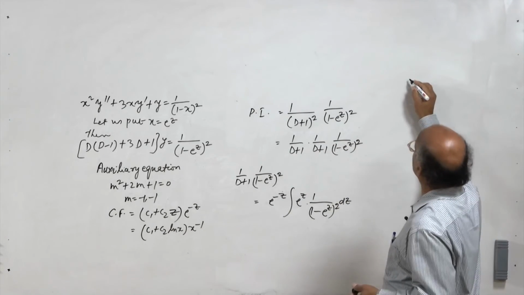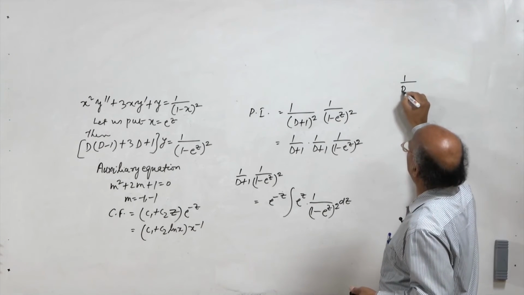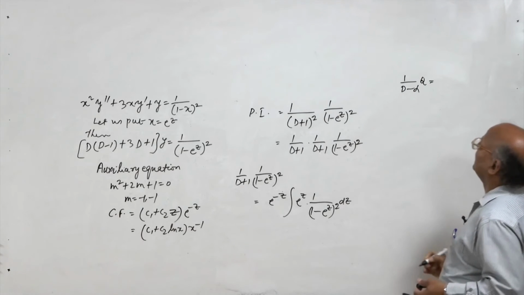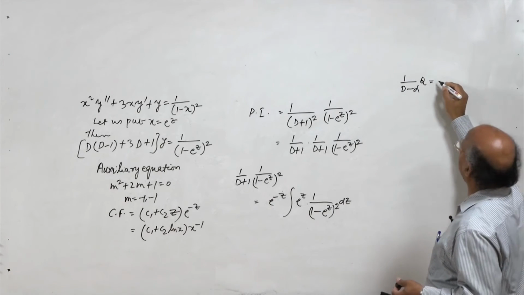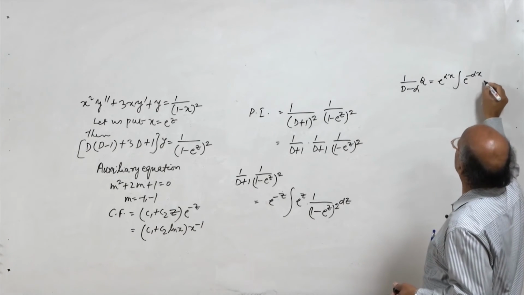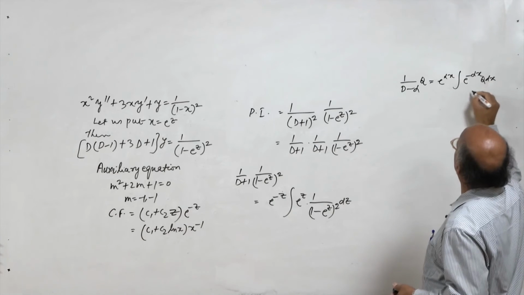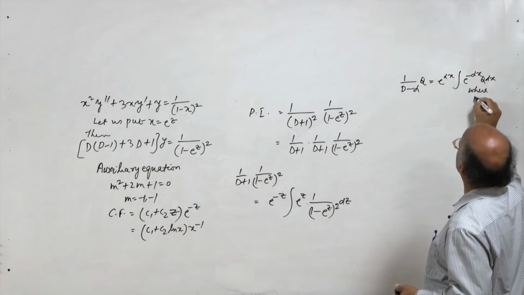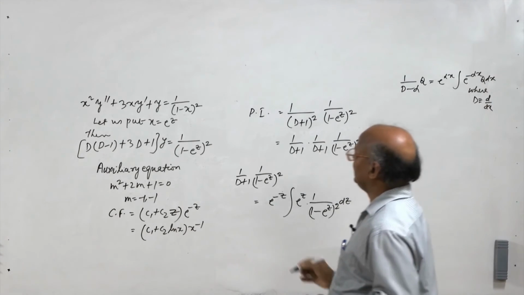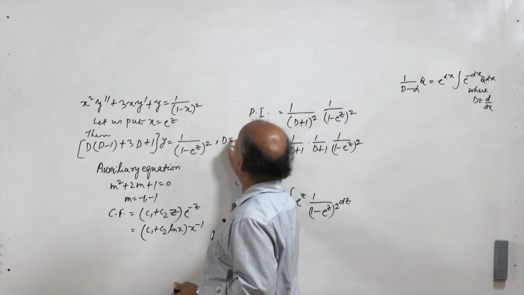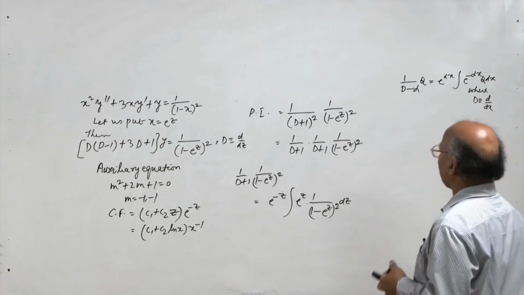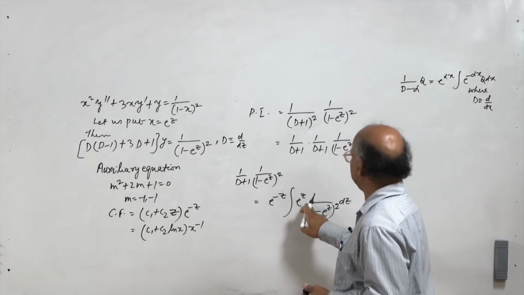If you remember, in the general method we had said that 1 over (d − alpha), when it operates on Q, where Q is a function of x and d is d/dx, then we had the formula e^(alpha x) integral e^(−alpha x) Q dx. Now here remember d is d/dz. So we will have alpha as −1, so e^(−z) integral e^z upon this.